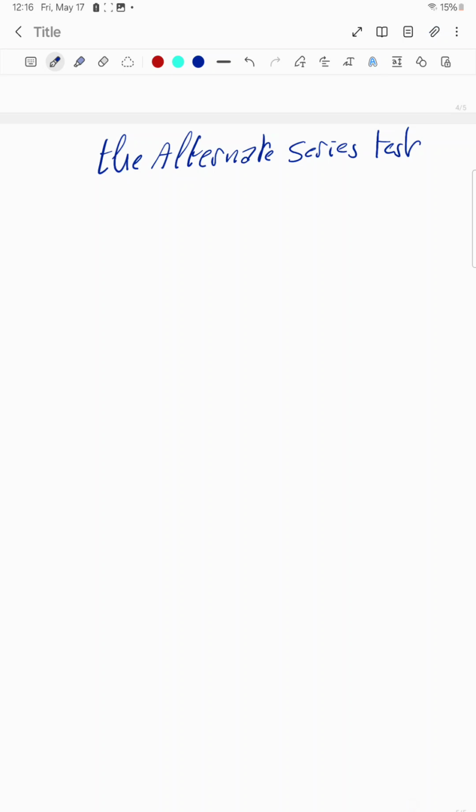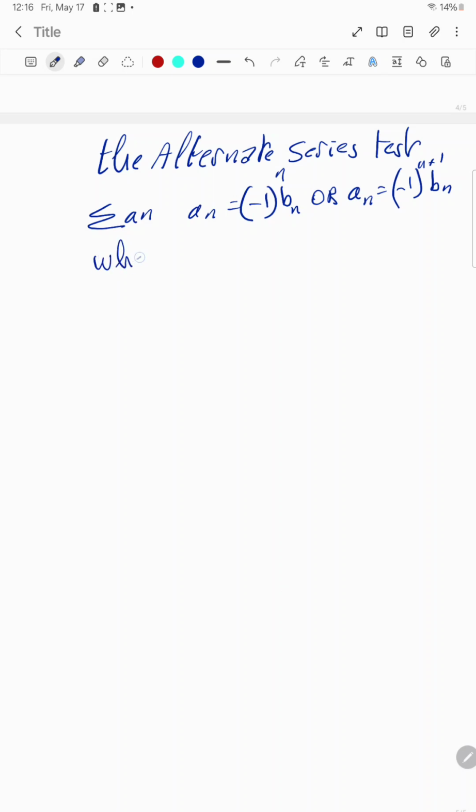The theory in alternating series: let's suppose that we have a series of a_n, where a_n is equal to (-1) to the power of n times b_n, or a_n is equal to (-1) to the power of n plus 1 times b_n, where b_n is greater or equal than 0. So it cannot be a negative number.